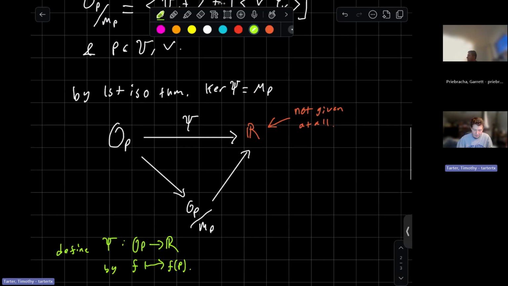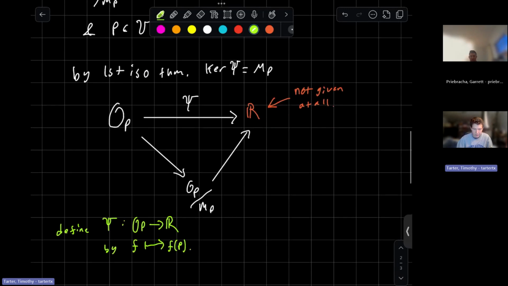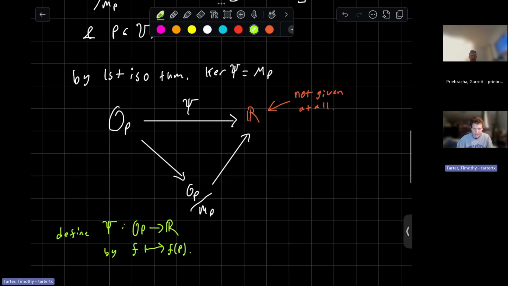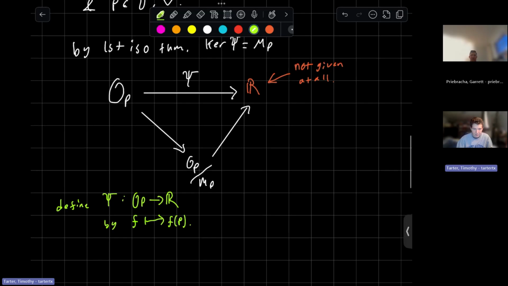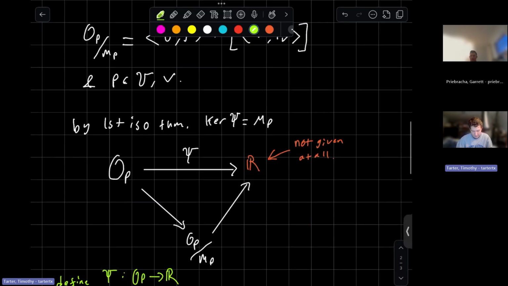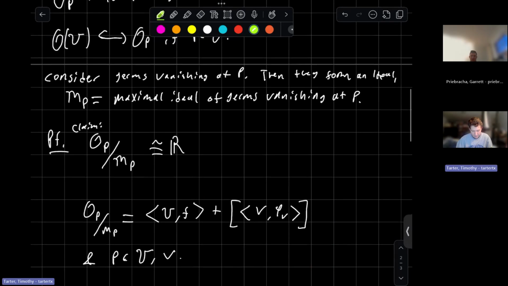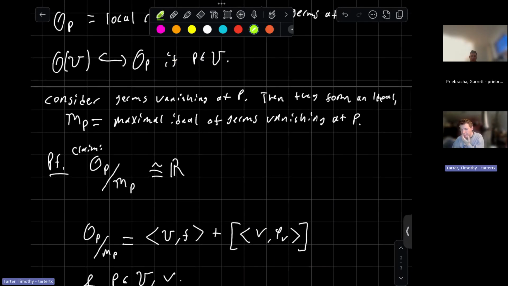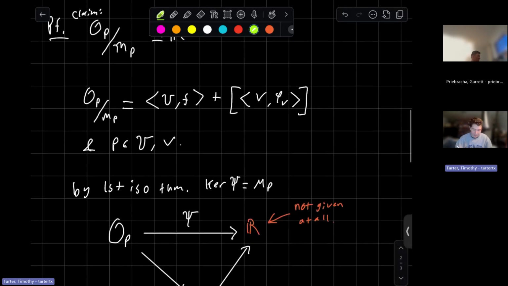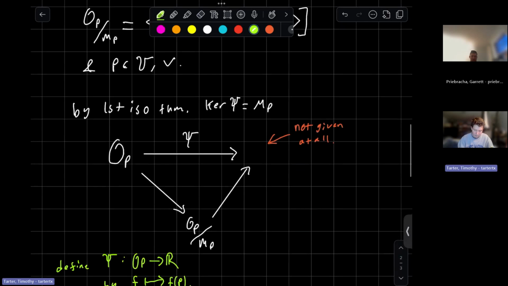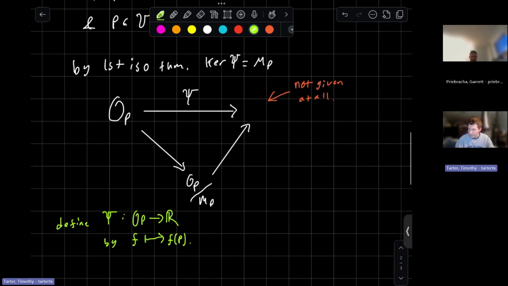So obviously we have the things that zero out. This clearly has kernel of things that vanish at P, so M_P. That's true. I don't know how to get... I guess it's really not R necessarily, but rather the residue field of whatever we're working on.